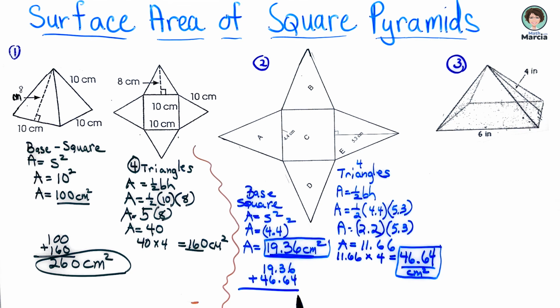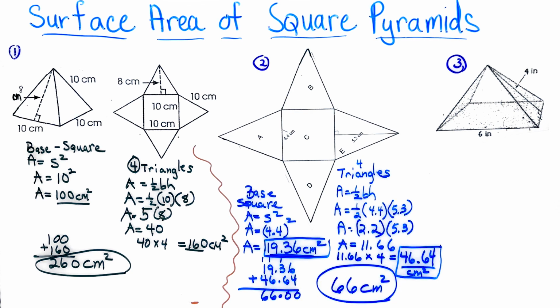And so here I end up with a 10, carry my 1, a 10, carry my 1, put my decimal point down. That's so important. And we have 15 and one more is 16, carry that, a 6. So our total surface area is 66 centimeters squared. And there's our second problem.